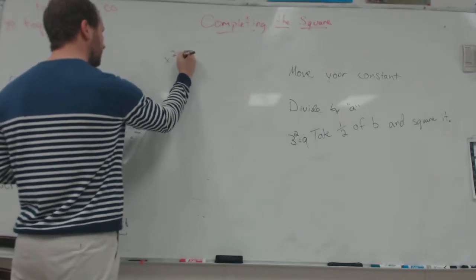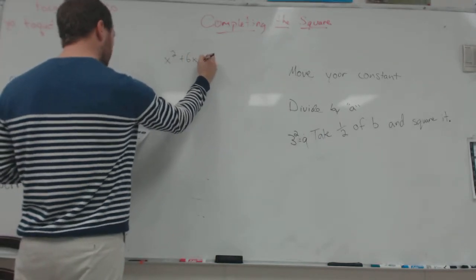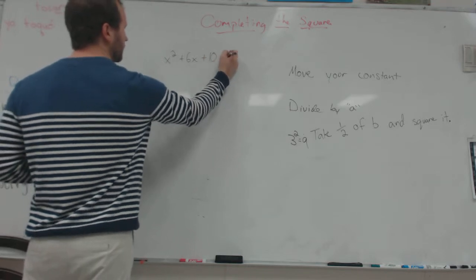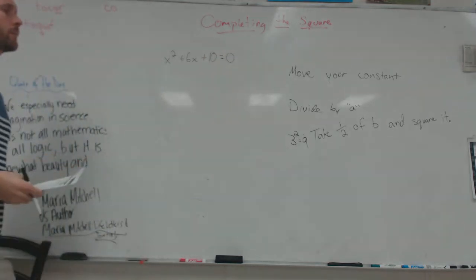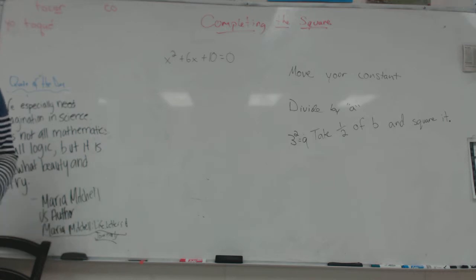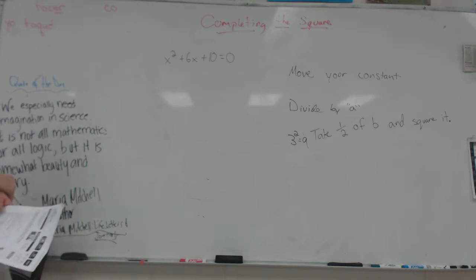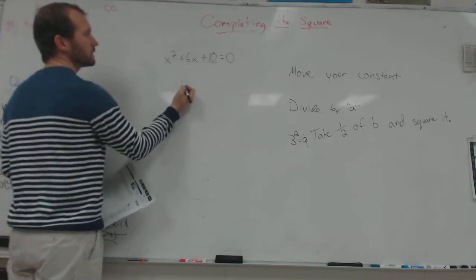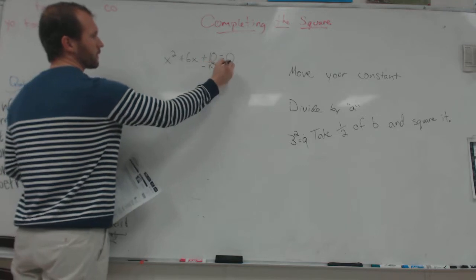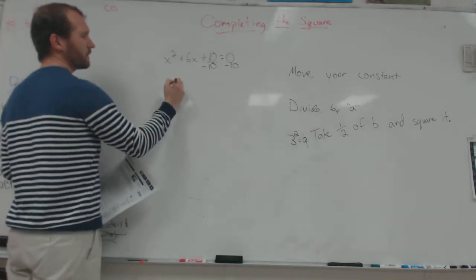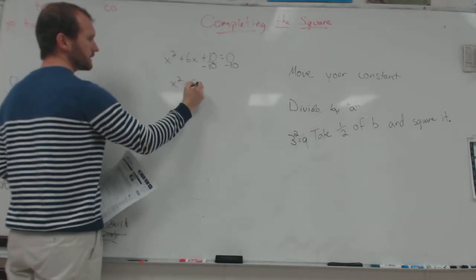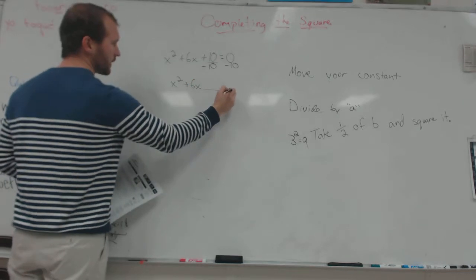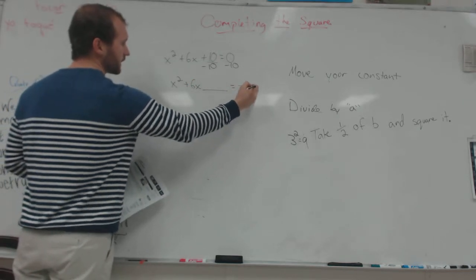X squared plus 6x plus 10. Alright, what's our first step? Subtract 10 from both sides. So I have x squared plus 6x, I'm going to leave a space, equals negative 10.